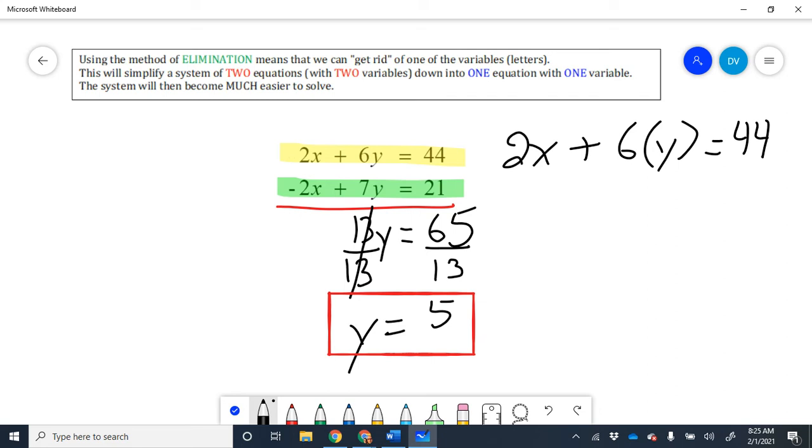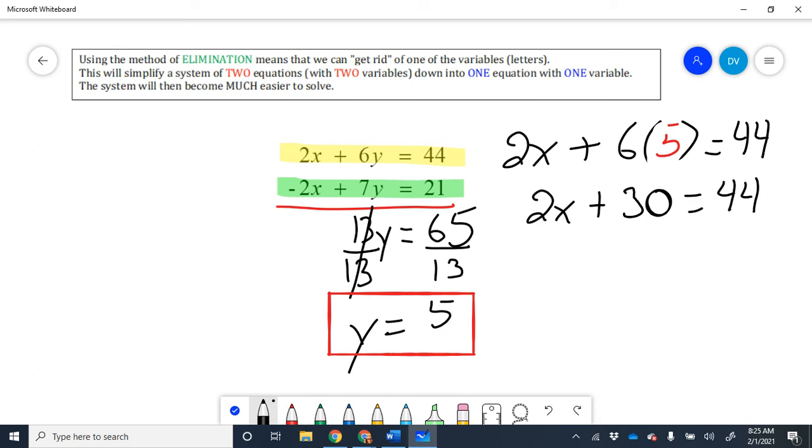And if we replace the y with 5, let me erase the y and replace it with a 5. The equation we'll get will be much simpler. It'll be 2x, and 6 times 5 is 30, equals 44.